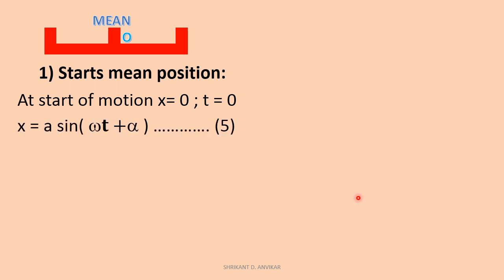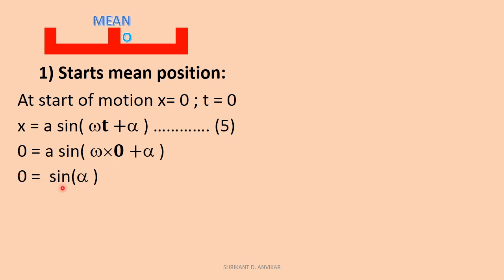Substituting the values of x and t in the displacement x equals a sin omega t plus alpha, x is replaced by 0 and t equals 0. When omega is multiplied by 0, the answer is 0. Therefore we get 0 equals sin alpha.